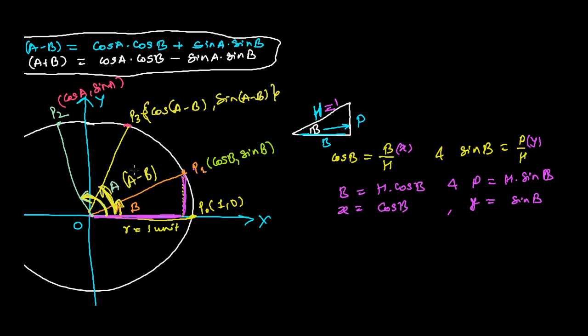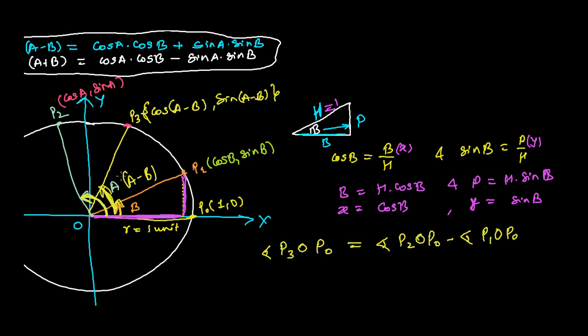All right, and now I want to tell you one thing: the angle P3 O P0 is equal to angle P2 O P0 minus angle P1 O P0.